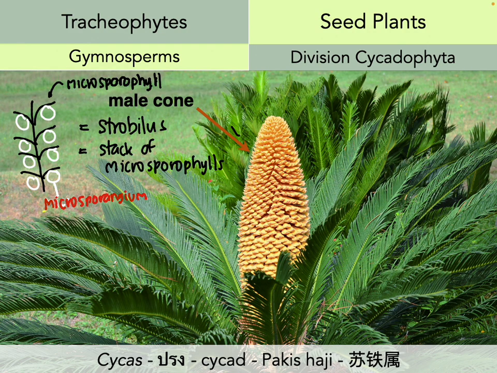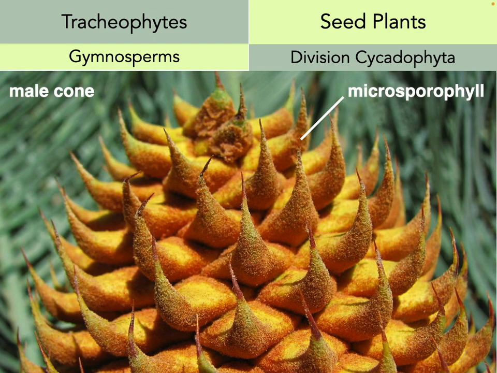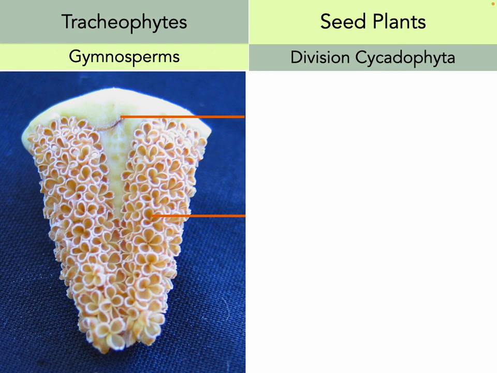Let me zoom in a little more. So I'm gonna take one of these things out, and it looks kind of like this. This is microsporophyll, it looks like giant fingernails here. And when you pluck one out, the microsporophyll looks kind of like this. So this is one of those finger things.